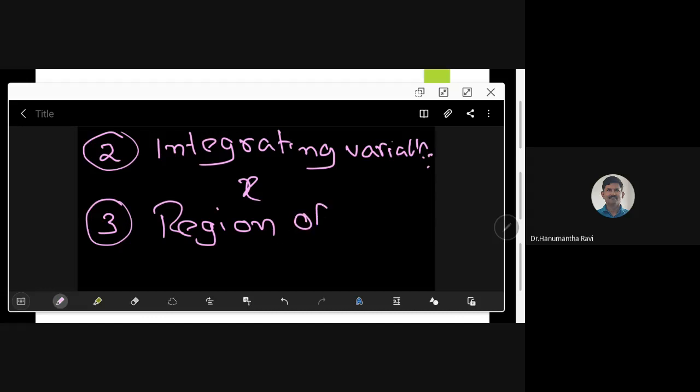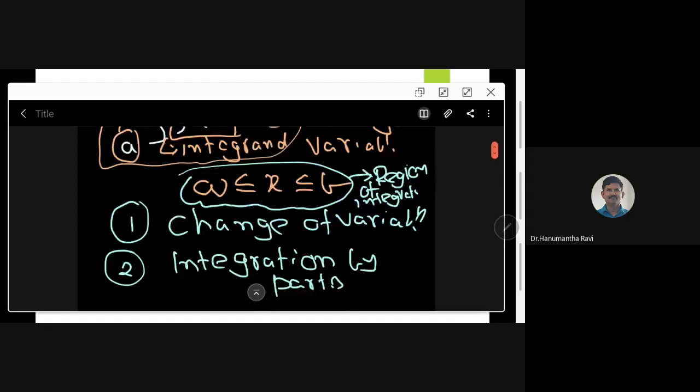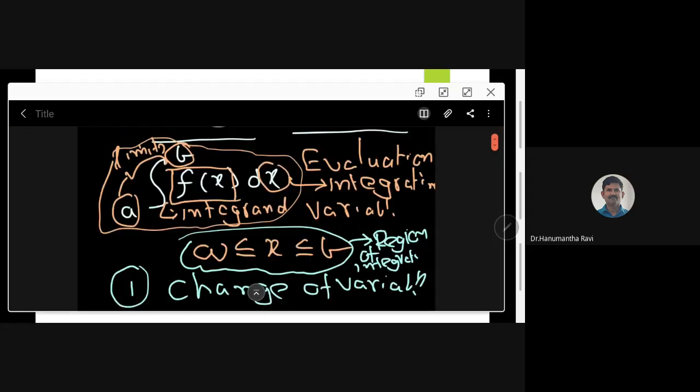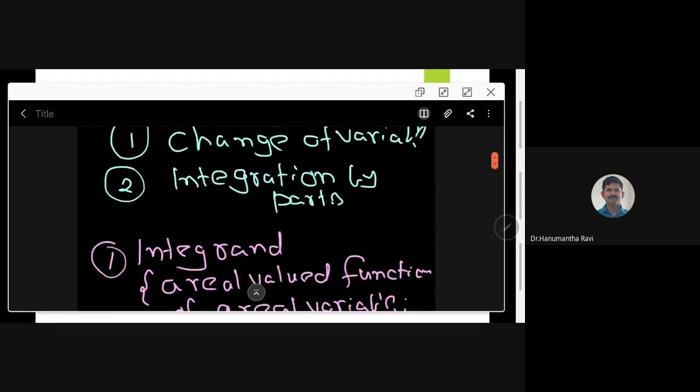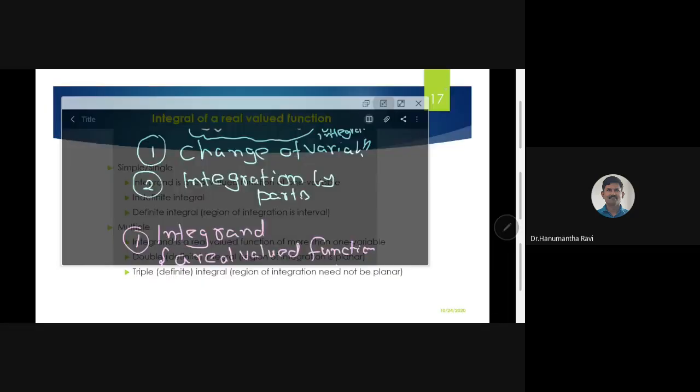Region of integration means where this x is taken from. x takes any value from a to b. These are the three important key terms for evaluating integrals, and the techniques here are change of variable and integration by parts.